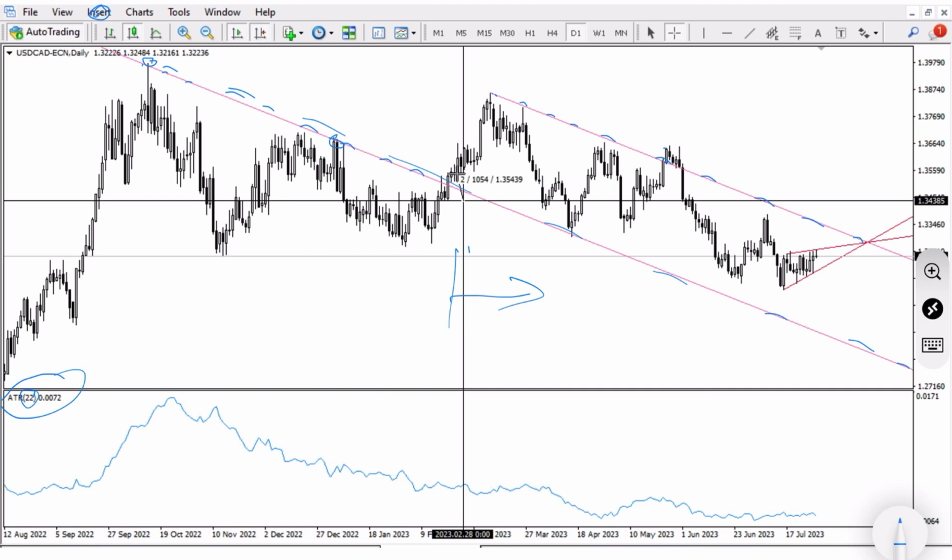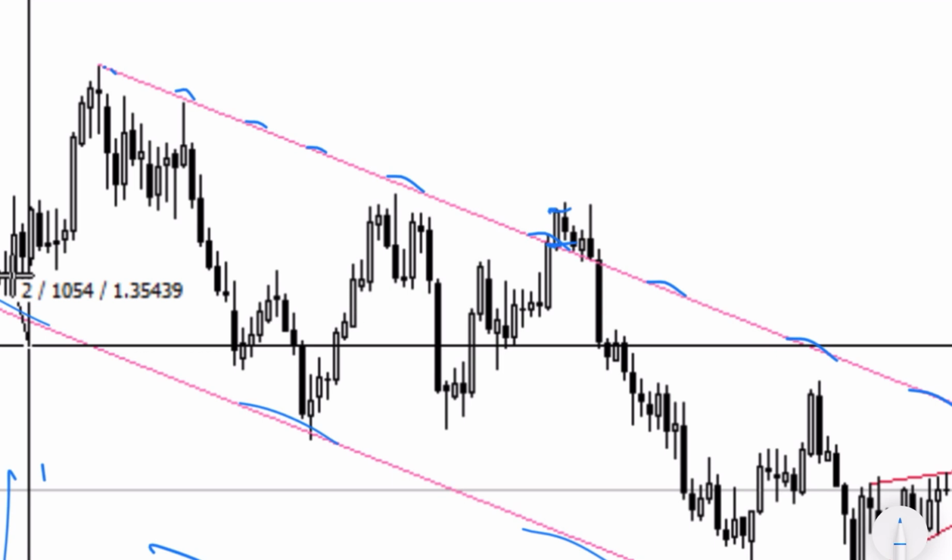There are approximately 21 point something working days in a month. This calculates in the form of 4 digits, so this 0072 is actually 72 pips, or you can say 720 points. This candle is smaller than that, which is why you can simply ignore such a breakout.